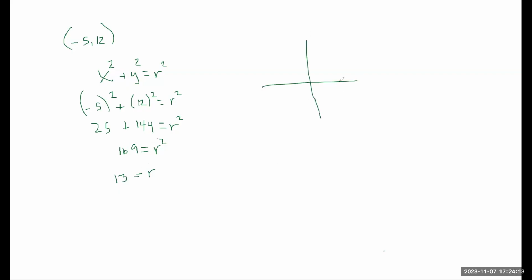Again, looking at our angle alpha, which I drew so nicely for you in your notes, negative 5, 12 is up here quite high, and our angle alpha is more than 90 degrees.